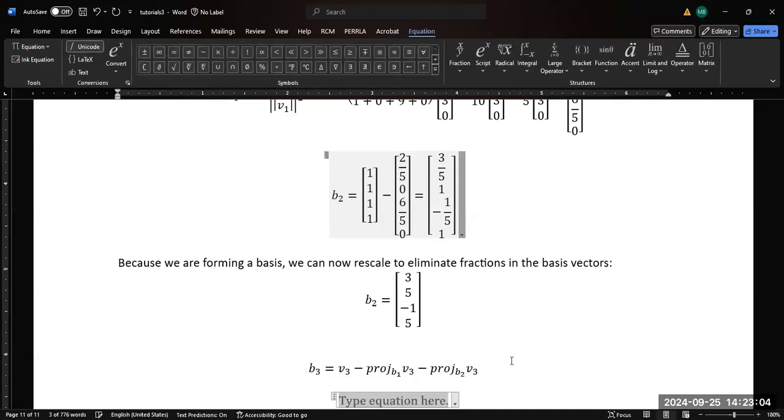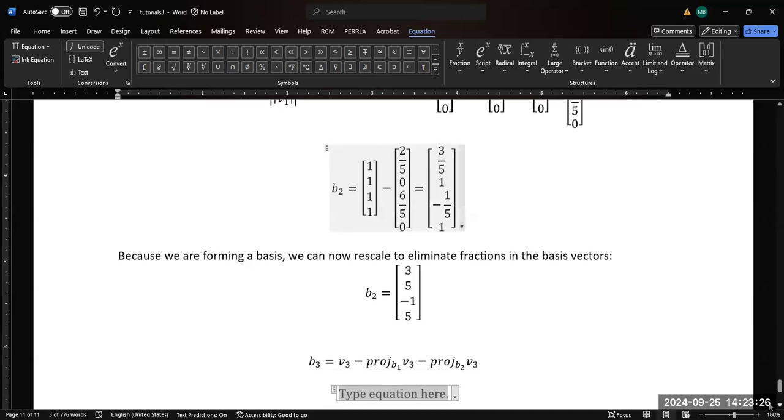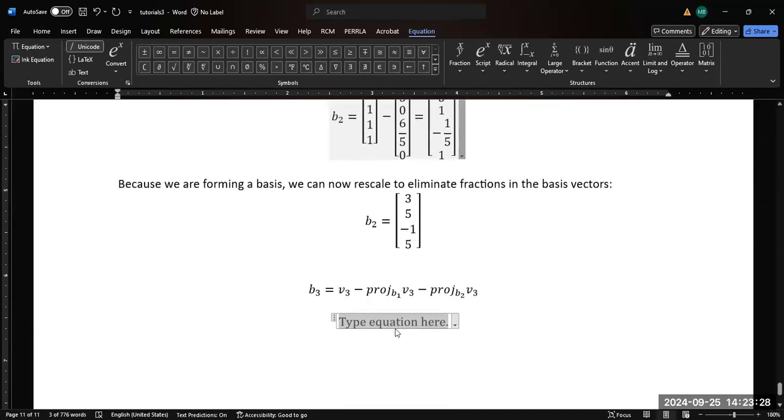So that, again, now we have a subspace that has an orthogonal basis, but it's only two-dimensional, and we need to project onto the subspace in order to take out any part of V3 which is already in the subspace, in order to get an orthogonal vector that's perpendicular to the subspace and extend our orthogonal basis to the original span. So there's a bunch of projections we have to calculate here.